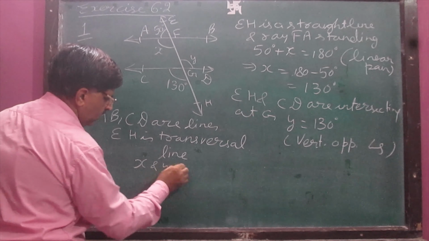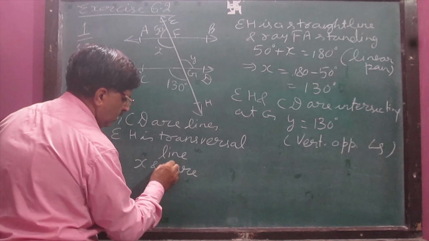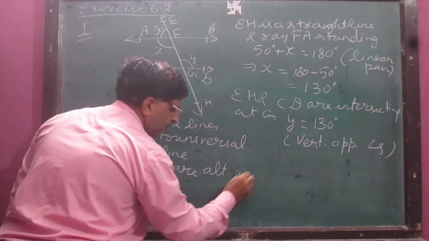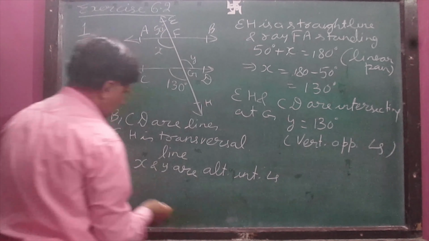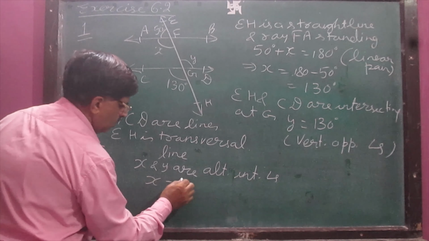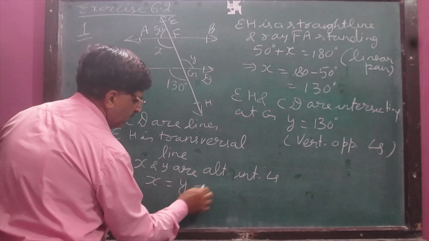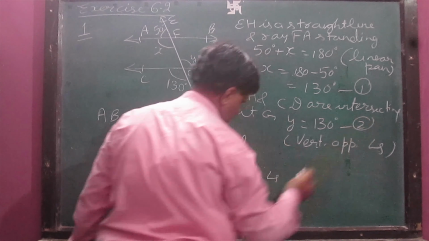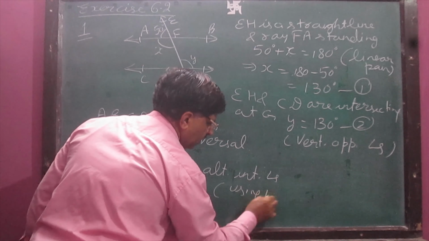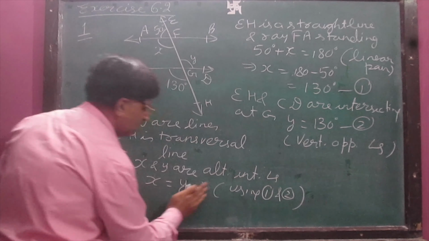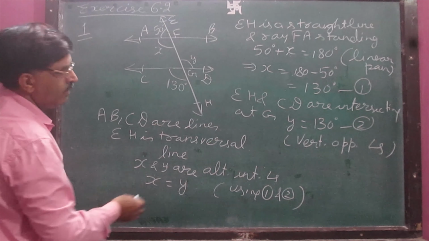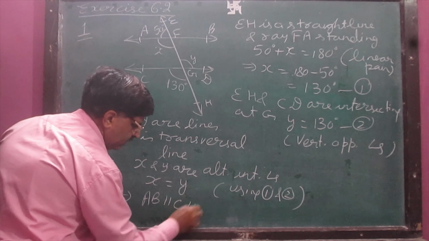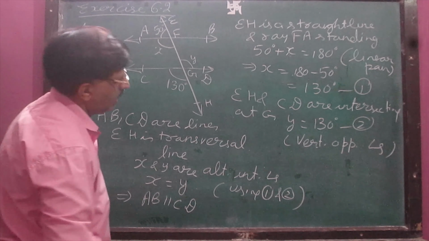X and Y are alternate interior angles. So X equals Y. You will write, using 1 and 2, you can conclude that X equals Y. Now this implies AB is parallel to CD. Hence proved.